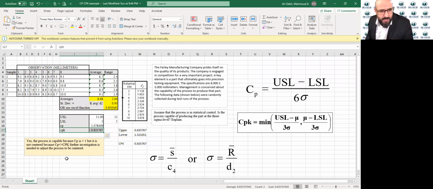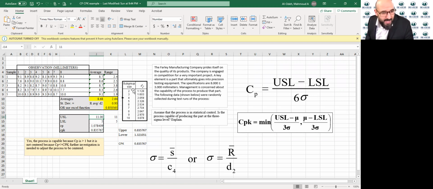So we need the process to be adjusted. And how are we going to adjust it? As you see, the upper bound is less than 1, so the process is shifted to the right side, closer to 11. The values you see here are closer to 11 than to the lower specification.